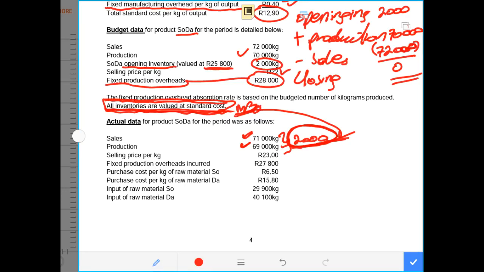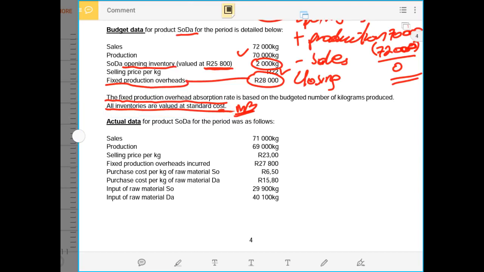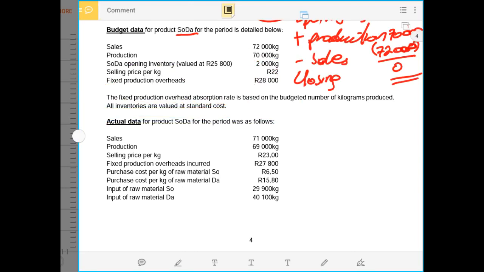If we are not given the cost of the previous production period, we will not be able to calculate the opening inventory cost when we do our reconciliation. Therefore the actual opening inventory will be calculated at the standard cost, and we have seen that our standard cost per kg, which is per unit, is 12 rand 90 cents, because all inventories are valued at standard cost. So that was very important for this calculation.